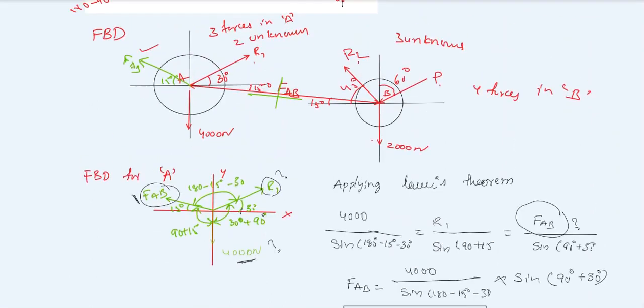So here we have 2000 newtons downwards. P, you can use the law of transmissibility, you can transfer P to this direction. With the y-axis this is 60, here also with the y-axis this is 60.